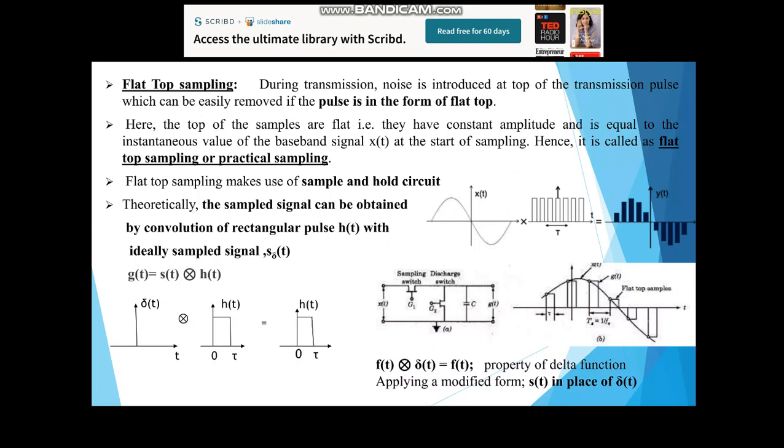Hence it is called flat top sampling or practical sampling. Flat top sampling makes use of a sample and hold circuit. Theoretically, the sampled signal can be obtained by convolution of a rectangular pulse h(t) with the ideally sampled signal.